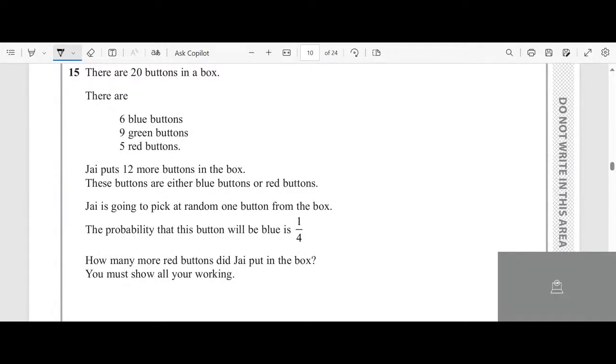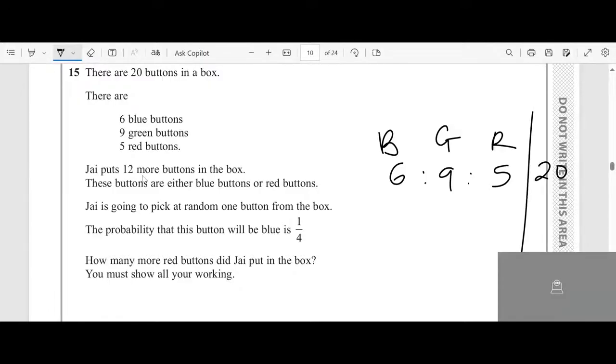Look at question 15. There are 120 buttons in a box. These are 6 blues, 9 greens, and 5 reds. So let us see. The blues, the green, and the red. 6, 9, and 5. The total is 20.